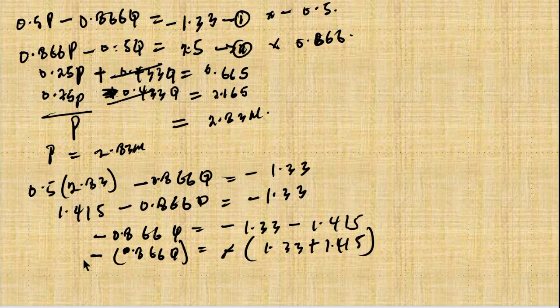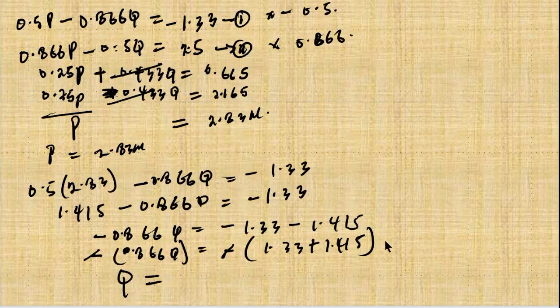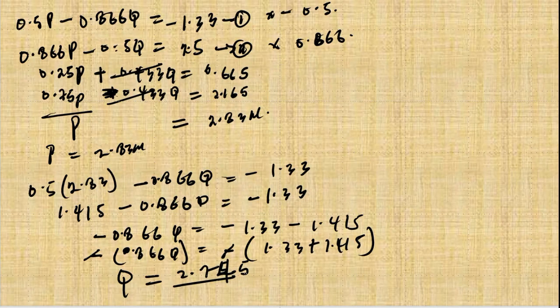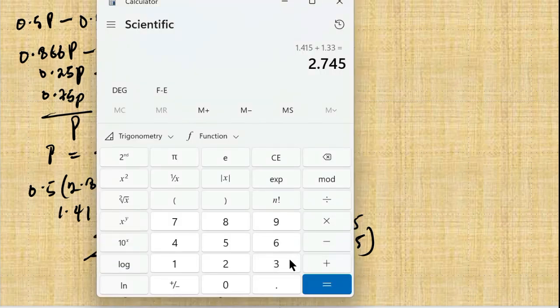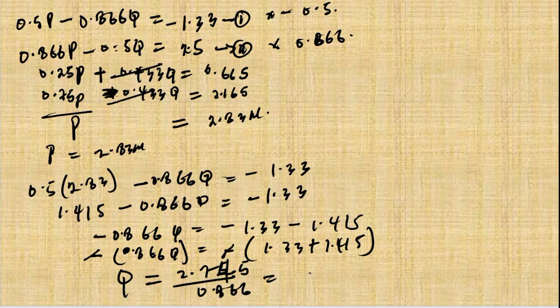The negative sign cancels the negative sign, and my Q finally should be 1.415 plus 1.33, that equals 2.745. So Q is 2.745 all over 0.866, that equals 3.1697, approximately 3.17 Newton.